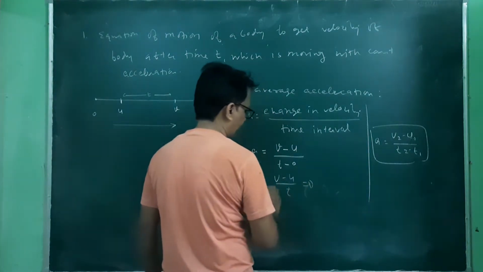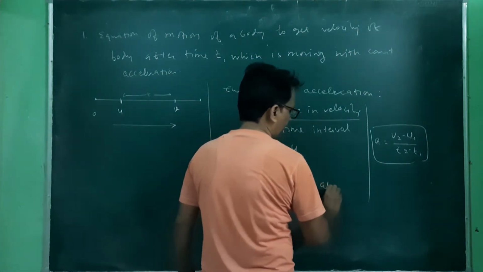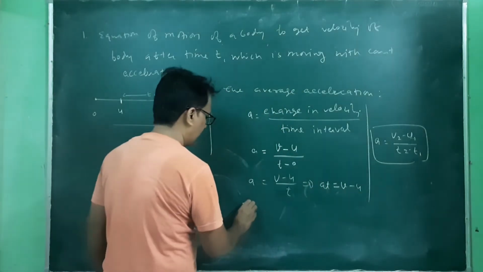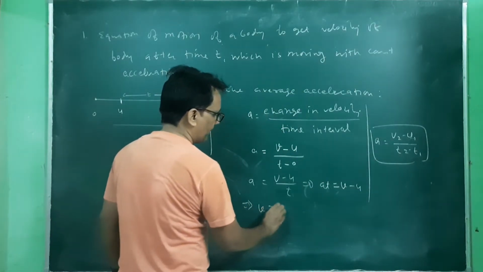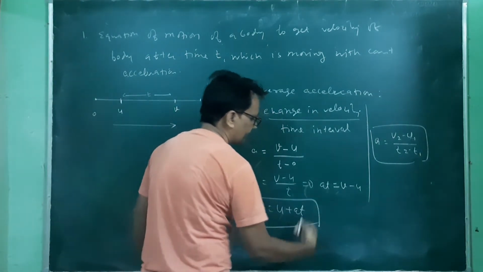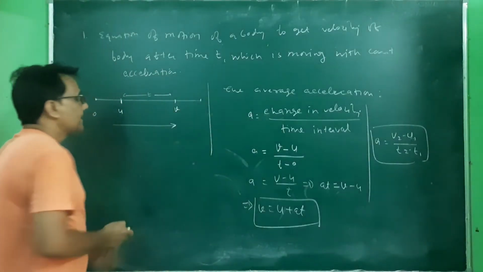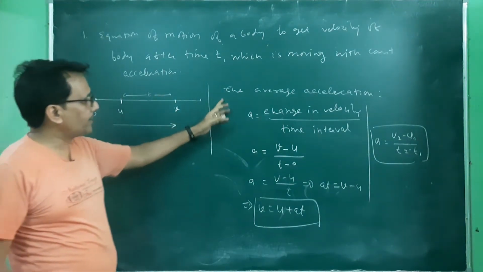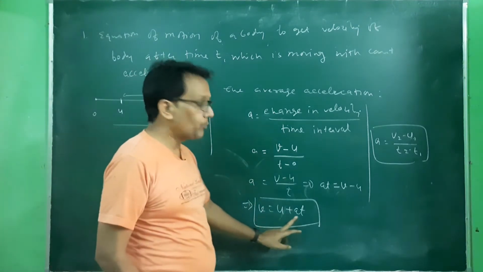This implies at equals v minus u, and so v equals u plus at. This is the initial velocity u and the final velocity v after time t. So the first equation is v equals u plus at.